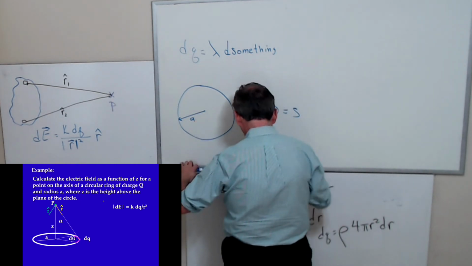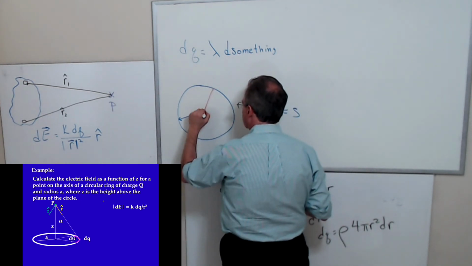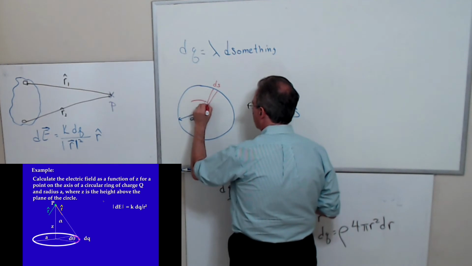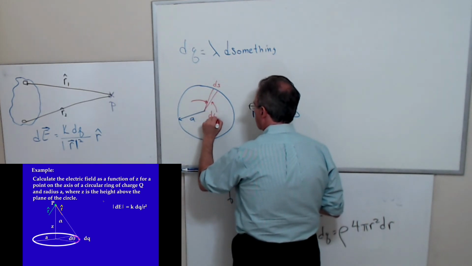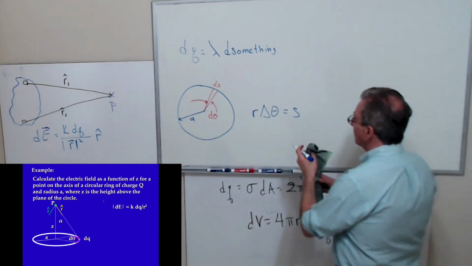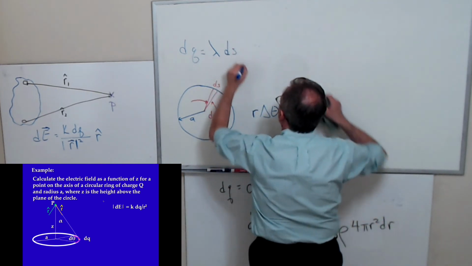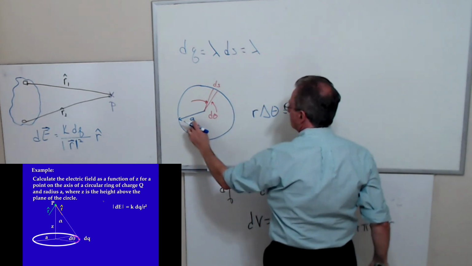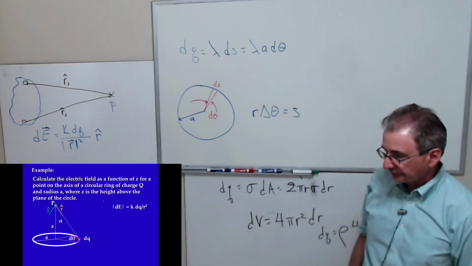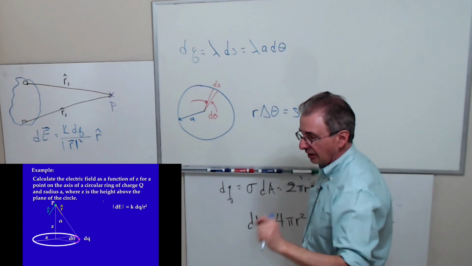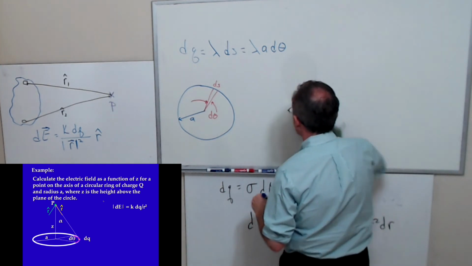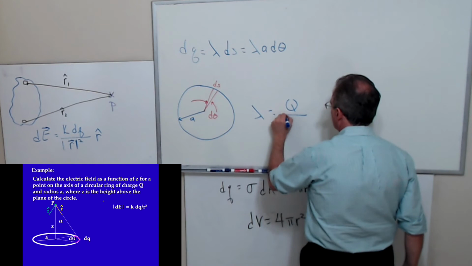So I've got to break this up into little arc lengths. I'll call it ds, and this angle is d theta, or whatever you want to call it. And so my d something is a ds, times lambda. My r here is my a. If I know the total charge, and I know the charge is distributed uniformly, then isn't it true that lambda is q over 2 pi a?